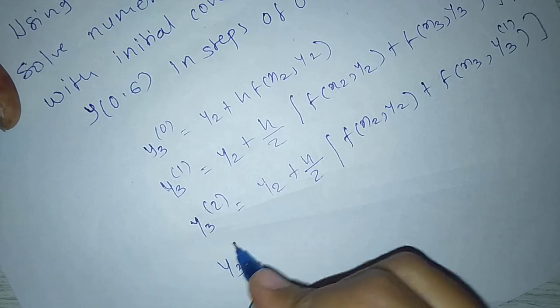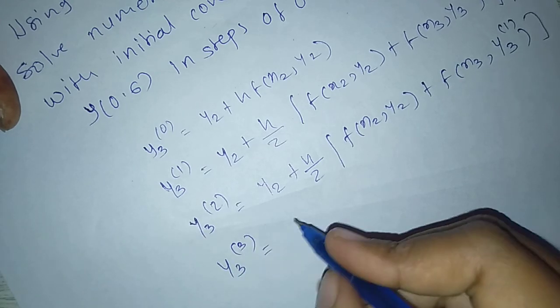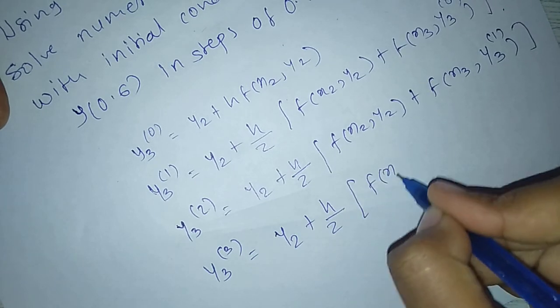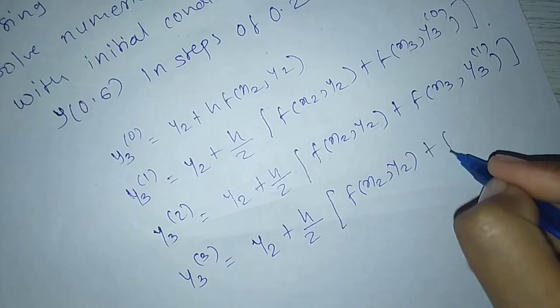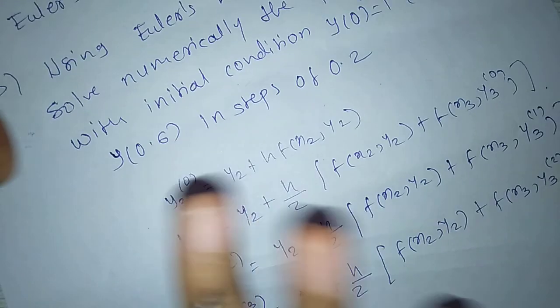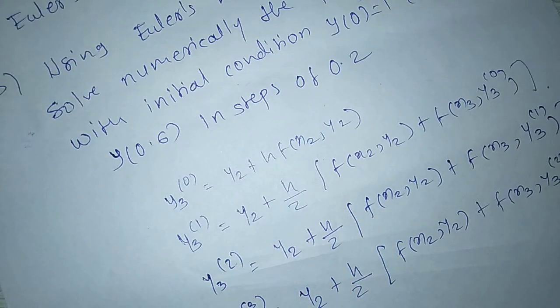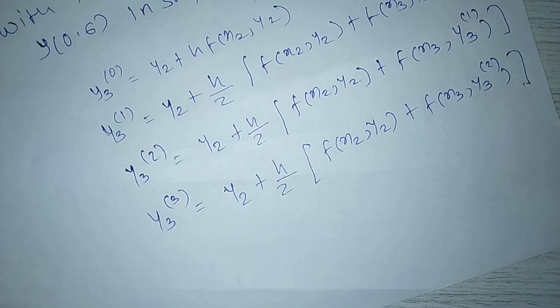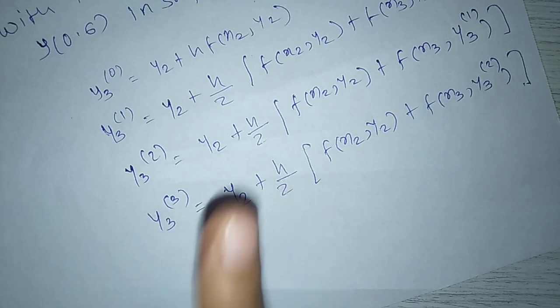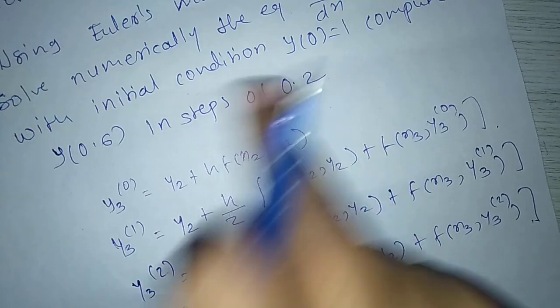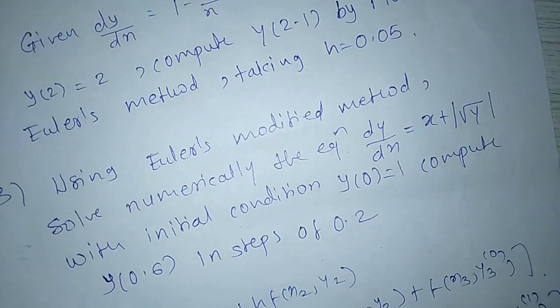And for the third approximation, y3 raised to 3 equal to y2 plus h upon 2 times f of x2, y2 plus f of x3, y3 raised to 2. First calculate y1, y2 and their approximate values, and then y3. y3 is nothing but y of 0.6. Here h is 0.2. Here we stop.